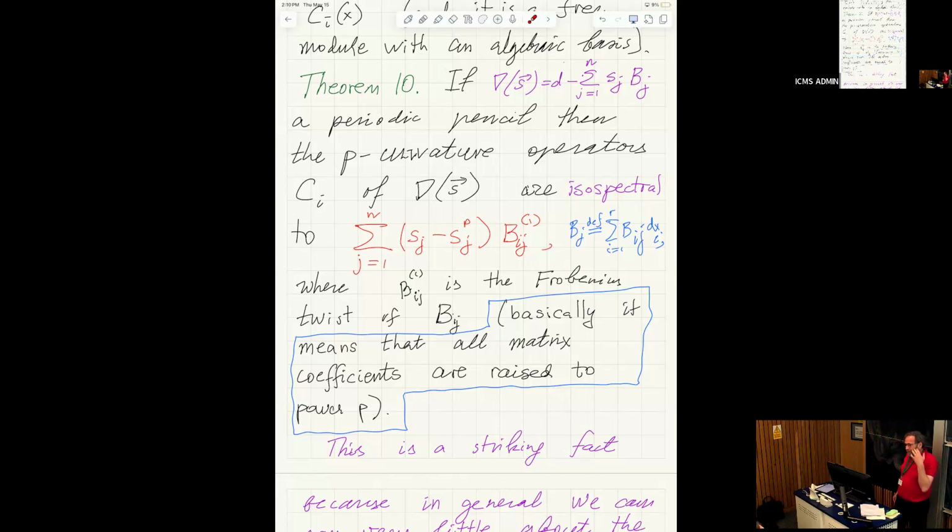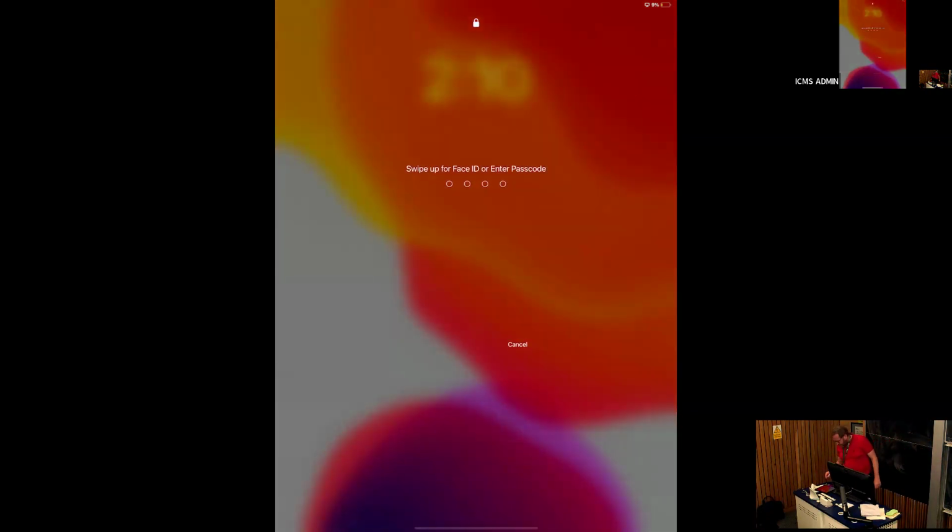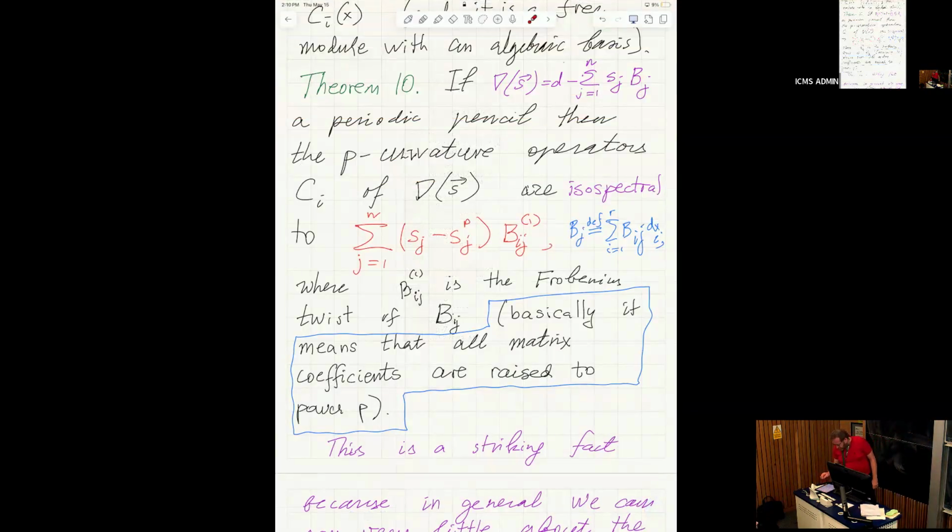And this is already quite striking because in general, p-curvature, of course, for every p we can compute it explicitly like we did in the case of p equals 2. But when p grows, the expression will get more and more complicated. And there is no pattern to it in general.